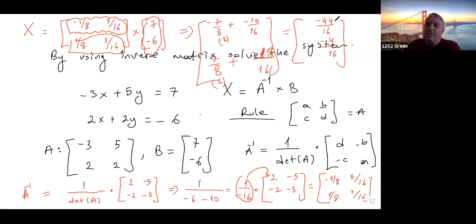So the result is -44 over 16 and -4 over 16, which, if we simplify by 4, -44 divided by 4, -11, and 16 divided by 4, it is 4, and -4 divided by 4, -1. That's it. That's the answer of the question. We solved it. How can I check myself? Take this number, put it here, for example.